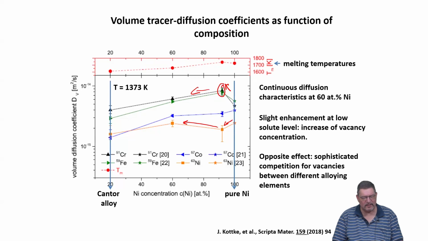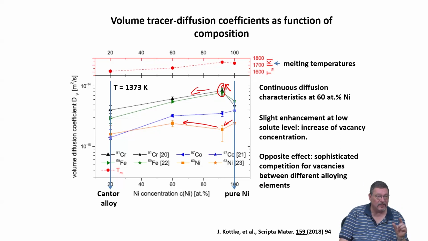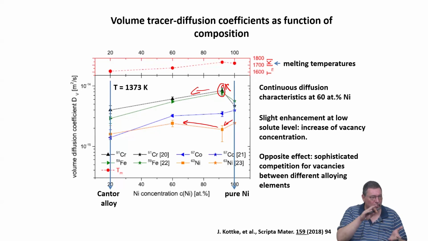Could you guess why you could get these opposing effects at low concentration? So you have pure nickel and you add now 2% cobalt, 2% iron, 2% chromium, and 2% manganese. Some of the diffusivities, yes, formation enthalpy, especially affecting the vacancy binding energy, yes. And this can give you opposing effects because some of the elements profit and some of the elements do not profit.